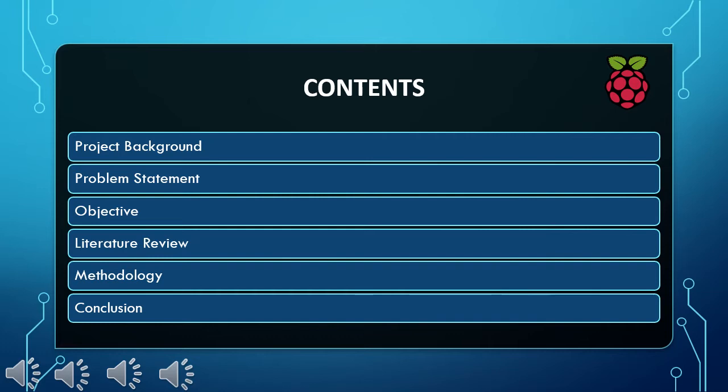It's described the desired result of a project. And fourth is literature review. It's a survey of scholarly sources such as books, journals, and etc. related to the project. Next is methodology. It is a contextual framework for the project from the beginning. And last is conclusion. It is a summary of the project development.